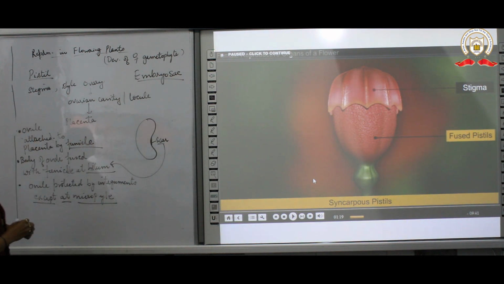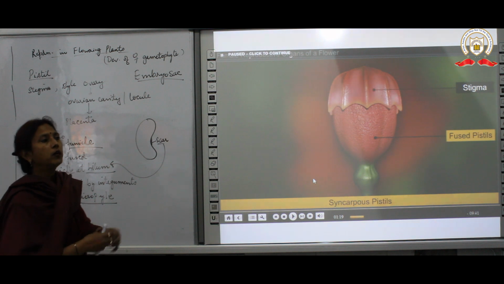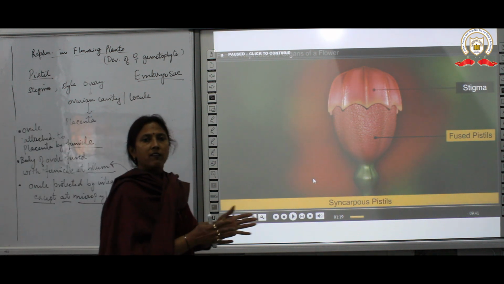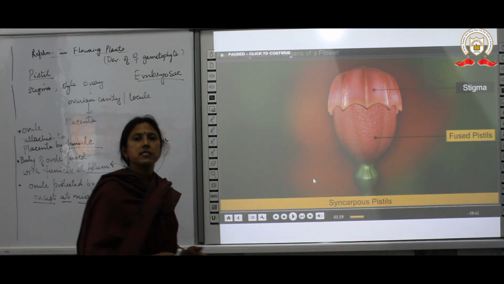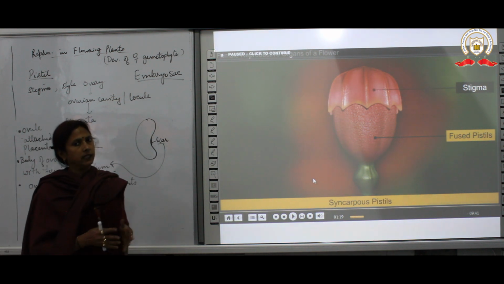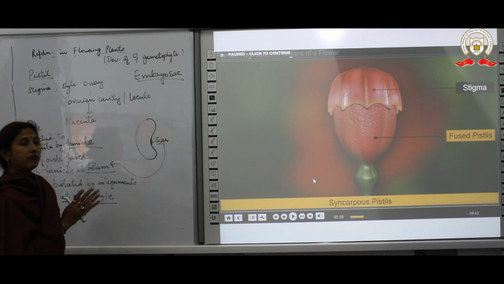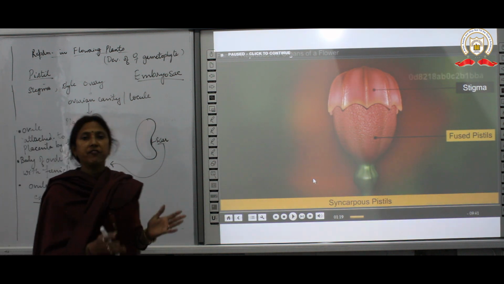To study that, we must know the various types of arrangements of the ovary. The ovary can have a single carpel, known as monocarpellary, or multiple carpels, called multicarpellary. Then the pistils can be fused or free.